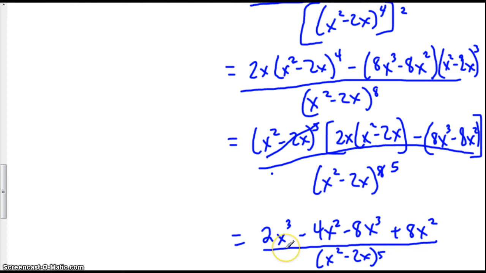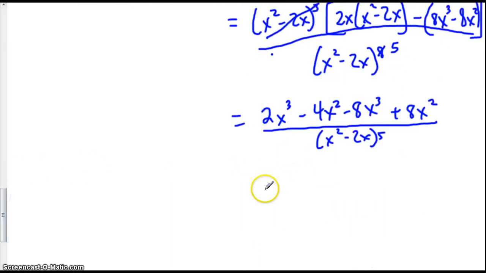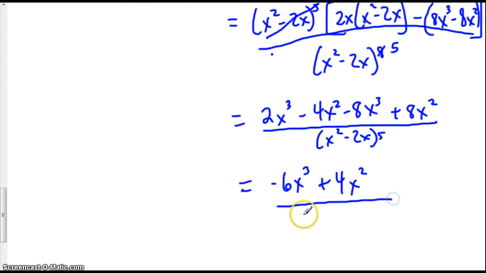Now I can combine like terms, and we would have negative 6x cubed and positive 4x squared, all over (x squared minus 2x) to the 5th power.